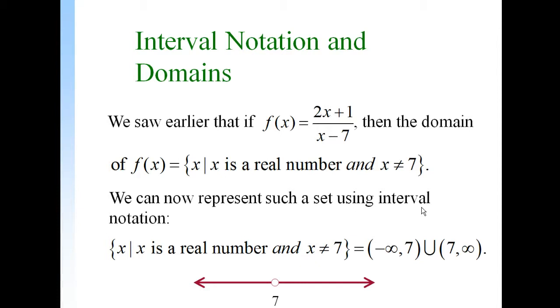And we're now going to take a look at interval notation and domains. Okay, this gets to be a little tricky, so watch it carefully. Well, we said as far as the numerator is concerned, if things are only in the numerator, the domain of x is all real numbers.